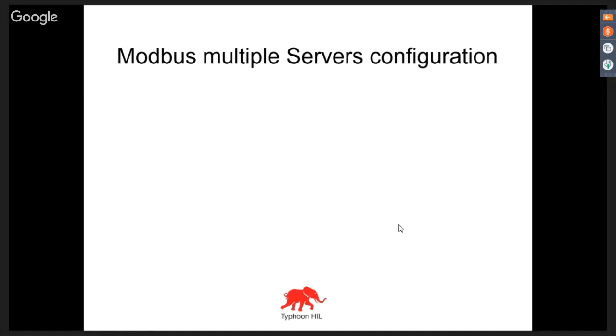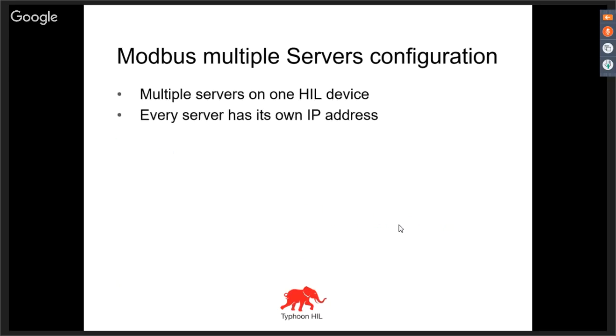One good thing about the way that the server is implemented is that multiple server configurations can exist in one Typhoon HIL device. So you can specify a number of configurations, a number of servers that all run on one HIL 402 or 604 device, and each of these servers can have its very own IP address.